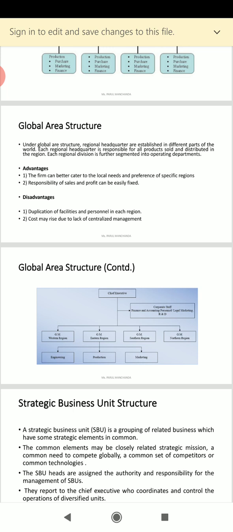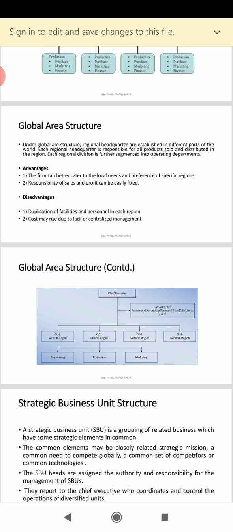Also, one more major advantage this structure has is in the form of responsibility. The responsibility for sales and profits can be easily fixed. If anything happens, good, bad, neutral, in the eastern part of the world, that has to be attributed to this particular concerned official, right?